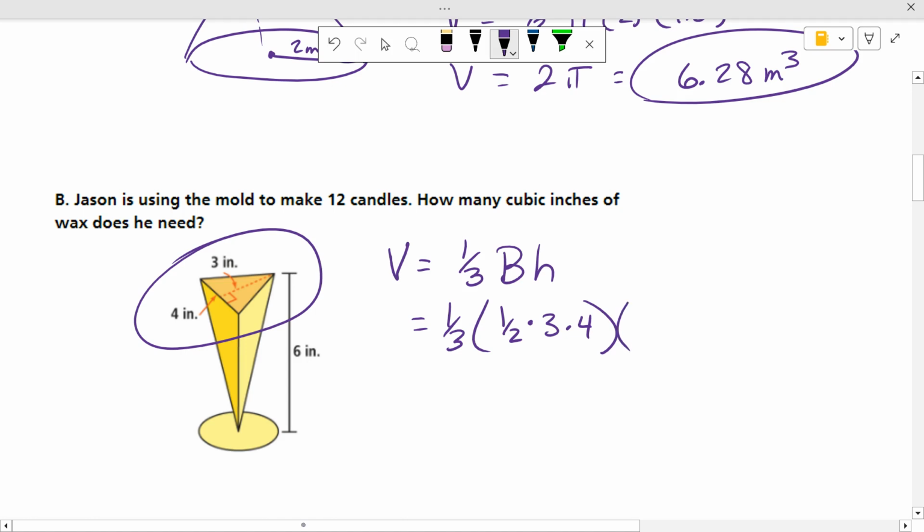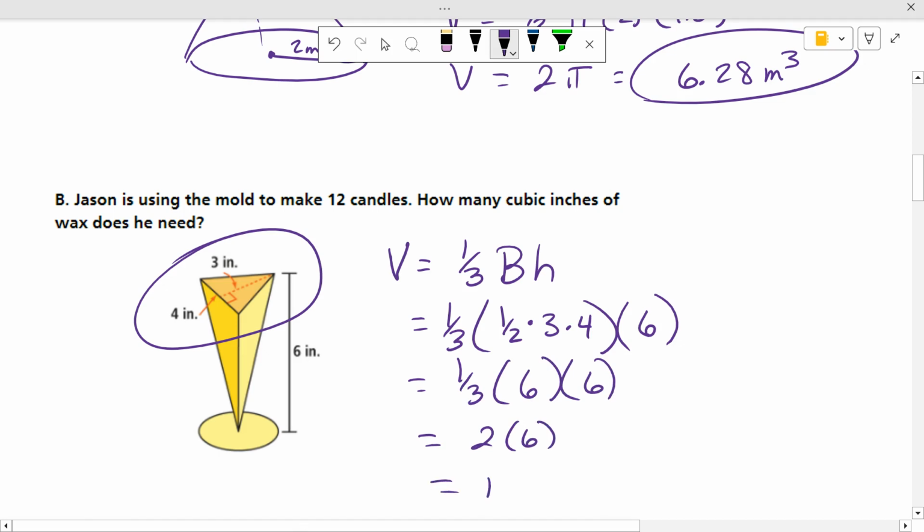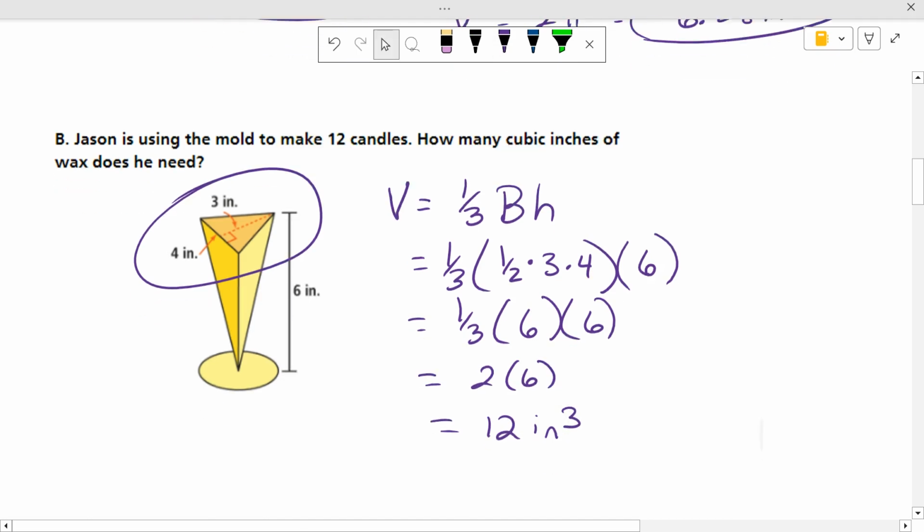And the height of the mold is 6. So it's 1/3 times 6 times 6. 1/3 of 6 is 2. 2 times 6 is 12. So you're basically just plugging numbers into formulas. Okay.